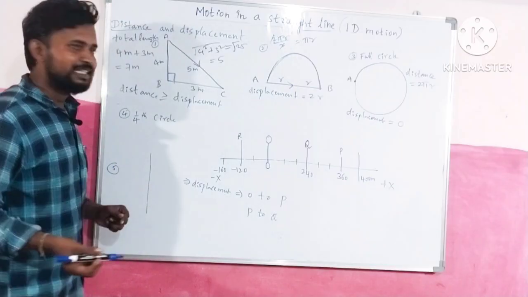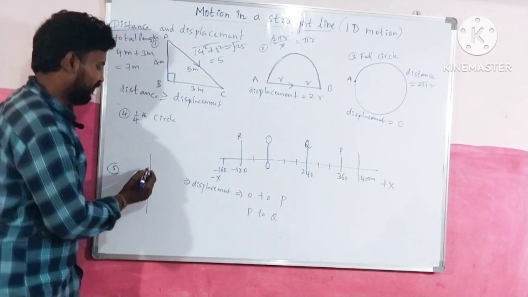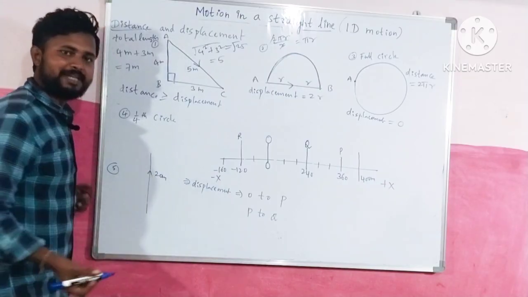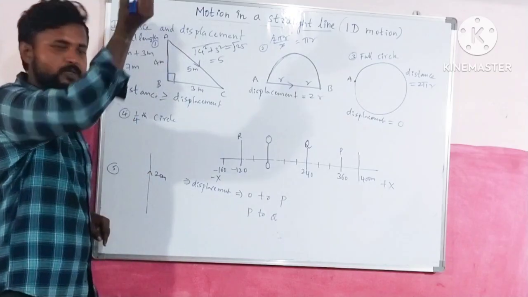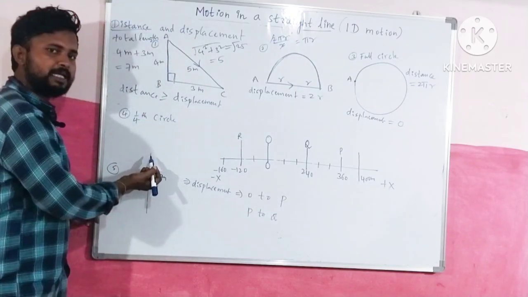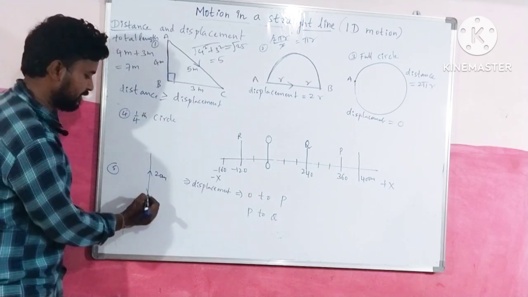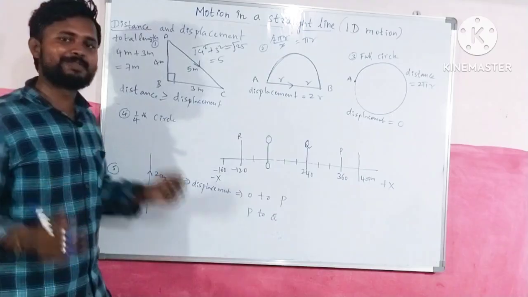Same example: when I throw a body vertically upward, 50 meters or 20 meters, from the base, I throw an object 20 meters upwards. It moves 20 meters upward, and finally it reaches the same point. What is the distance and what is the displacement?